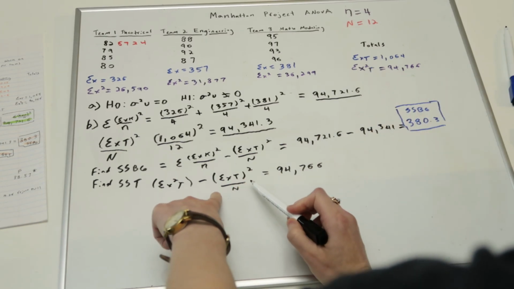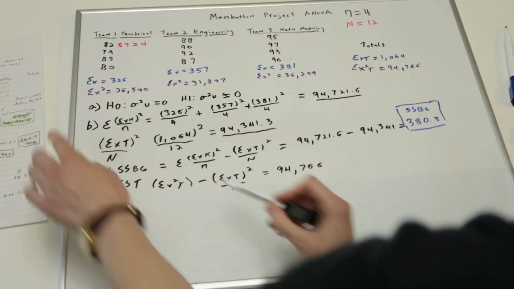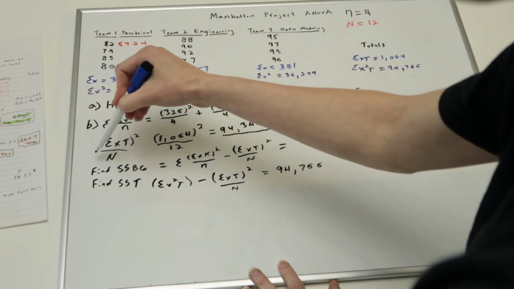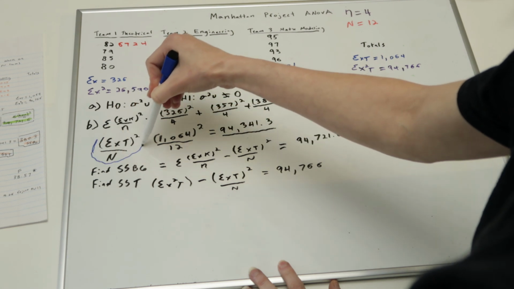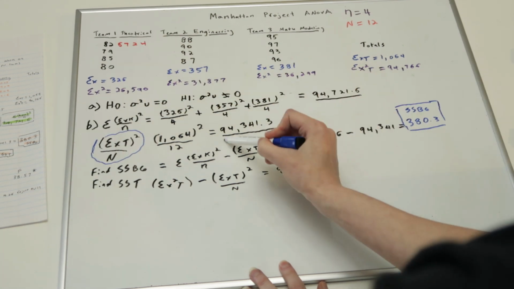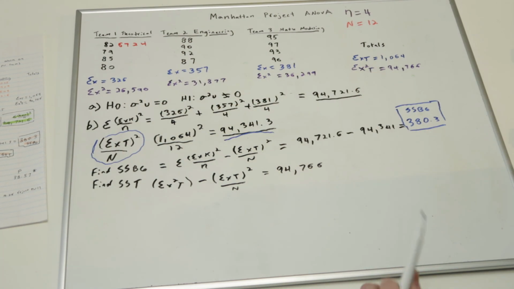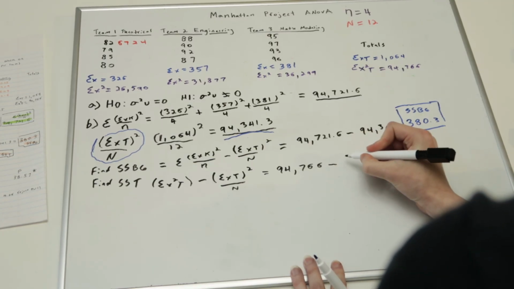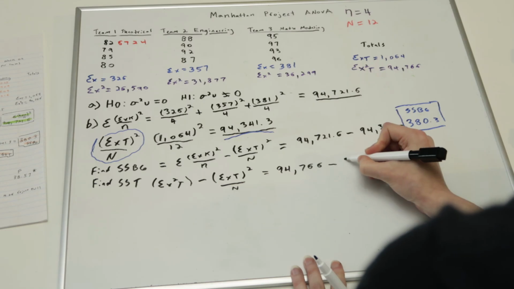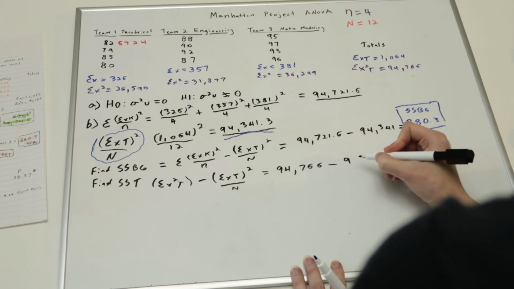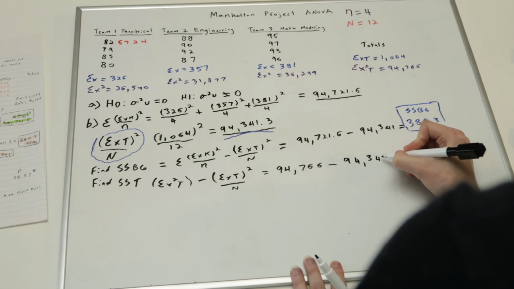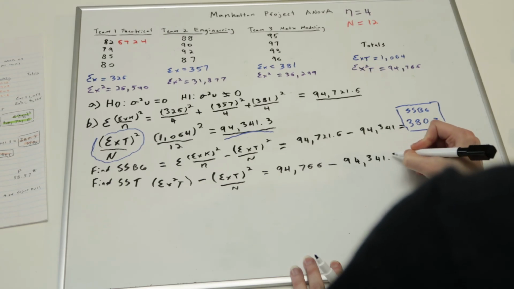And then you're going to subtract from it this number, the sum of x total squared over N, from where we got on this part, which was 94,341.3.